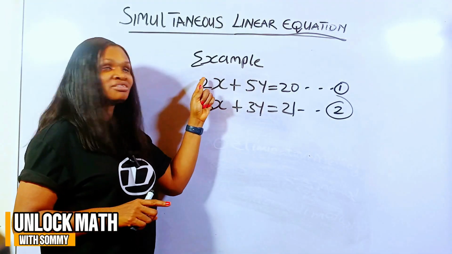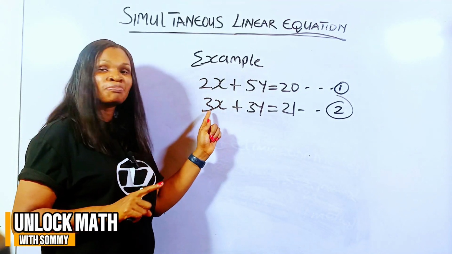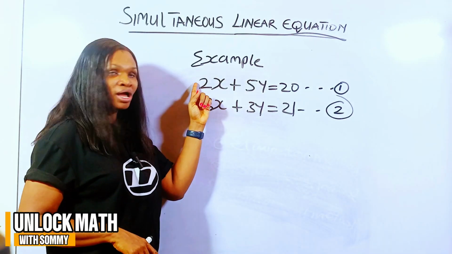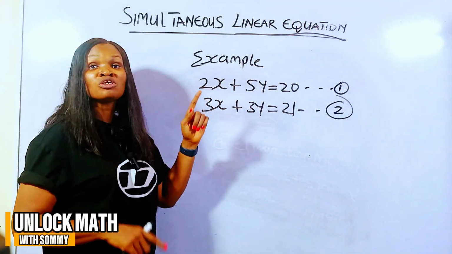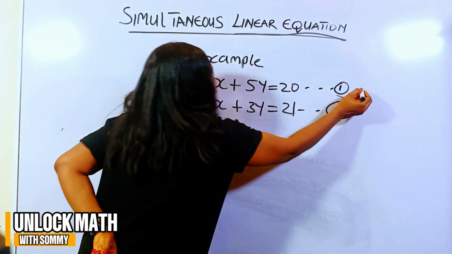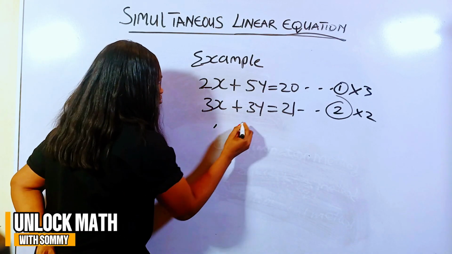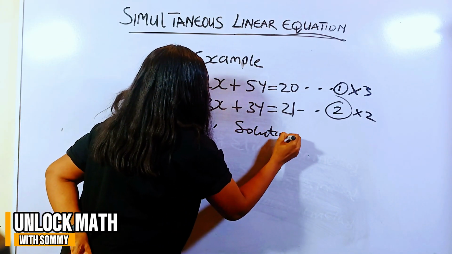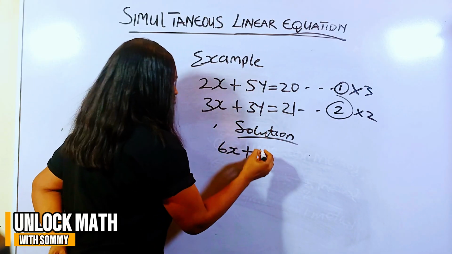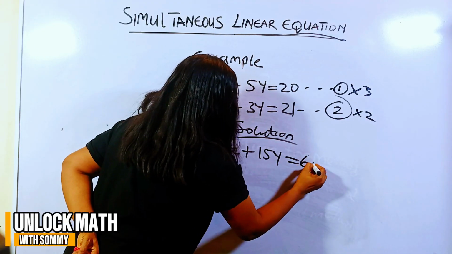Therefore, we make the values of this variable the same by multiplying equation 2 by the coefficient of s from equation 1, and then multiplying equation 1 by the coefficient of s in equation 2. To do that, we now have 3 multiplies 2s, we have 6s, plus 3 multiplies 5y, we have 15y, equals 3 multiplies 20, we have 60.